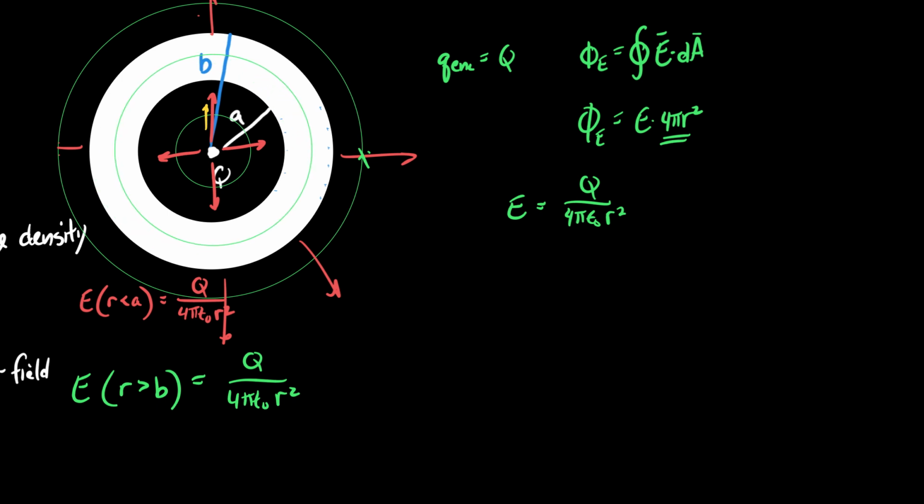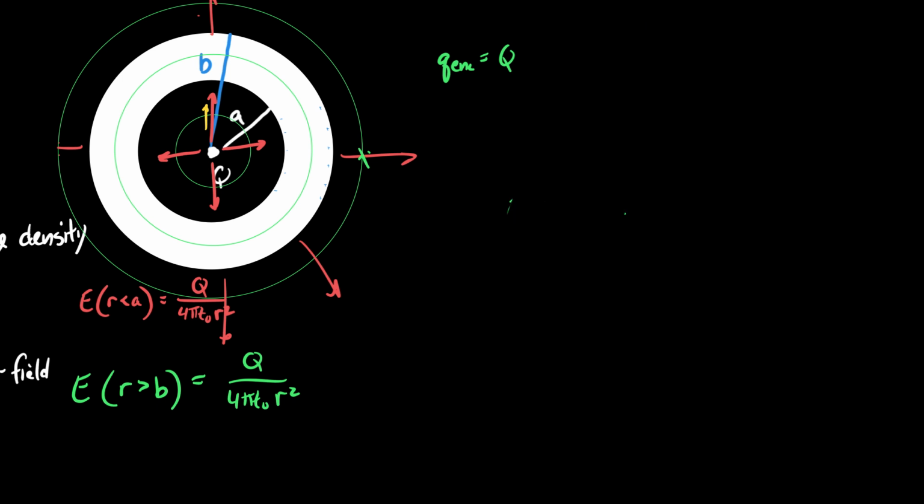What's the flux? Do the same set of steps. Because Q enclosed is still Q, right? So if I do my set of steps to figure out the flux, I'll have the integral of E dot dA.